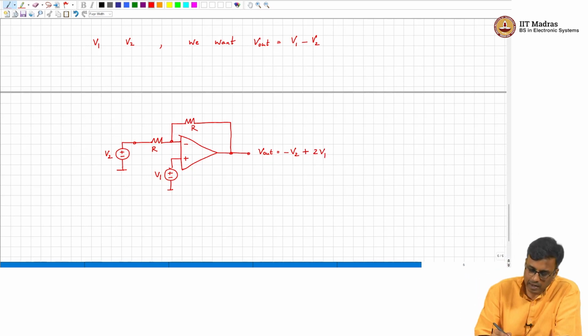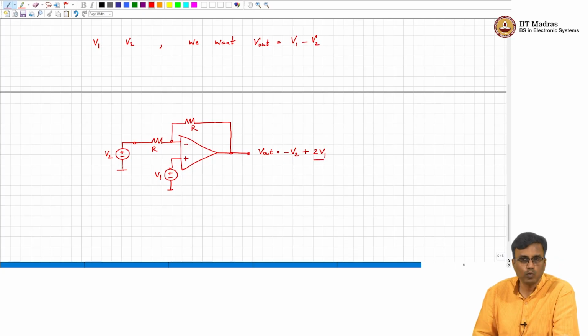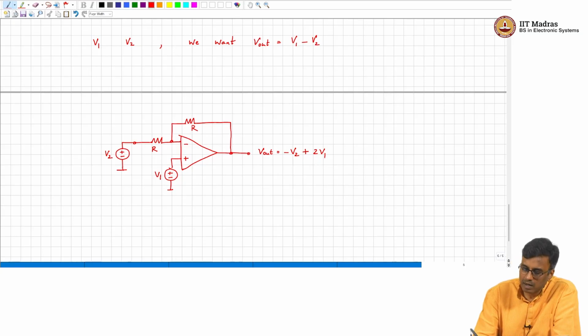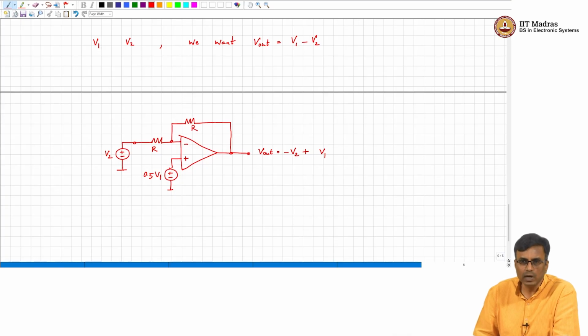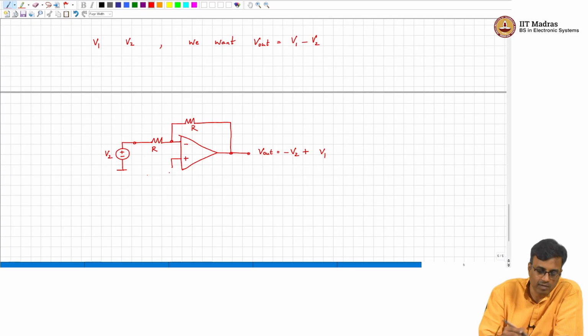Yeah. So, basically the idea is if I put V1 here, I get 2 V1 at the output, correct. So, if I put half V1 here, then I will get V1 at the output. How do I get half V1 from V1? You basically take a resistive divider.